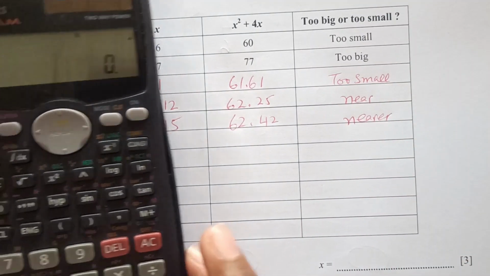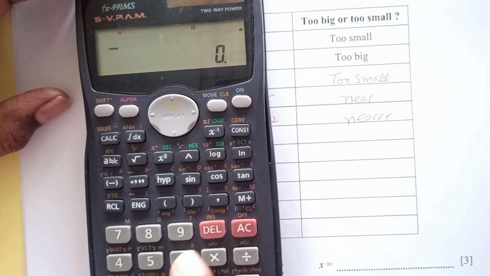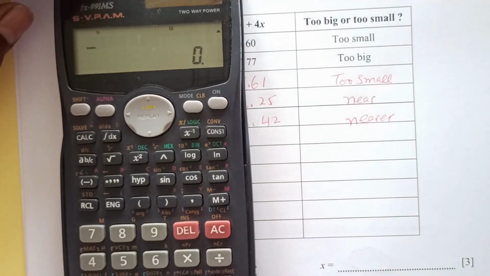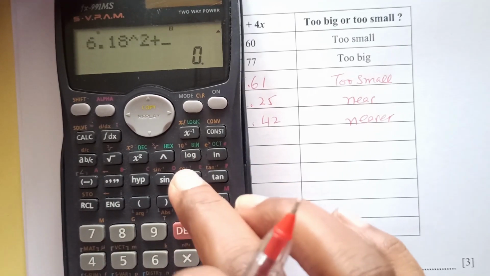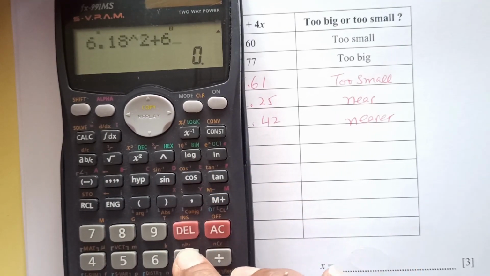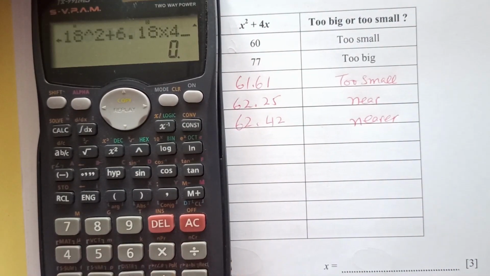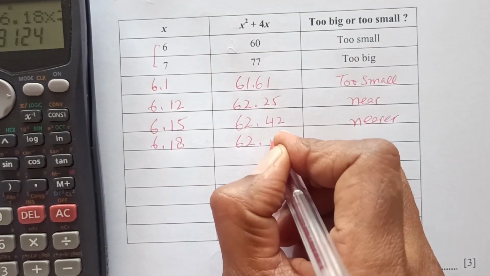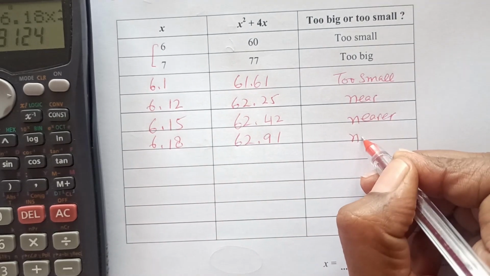Let's take another number, let's say 6.18. Let's see how big it is. 6.18 squared plus 6.18 times 4 is 62.91, right? So we can say this one is again very near.